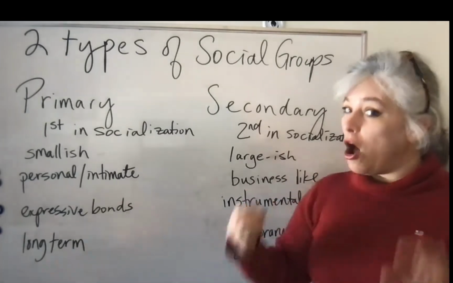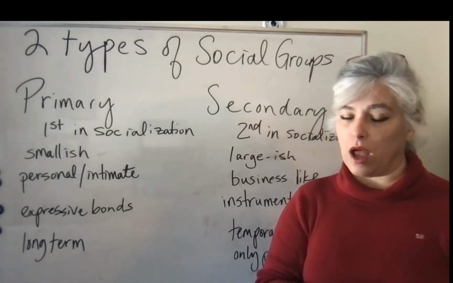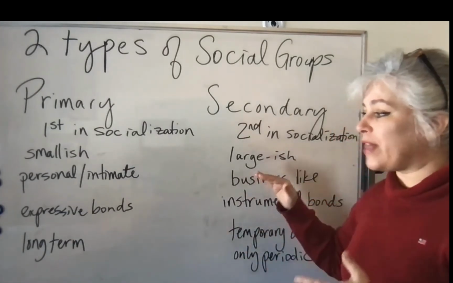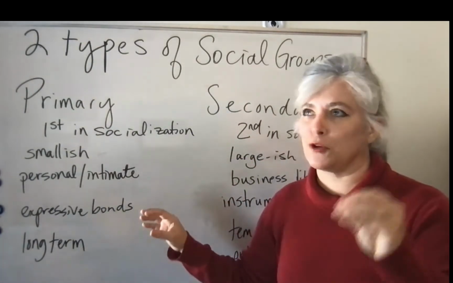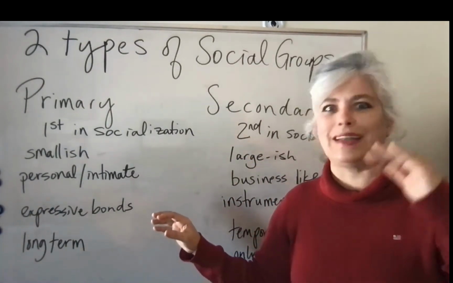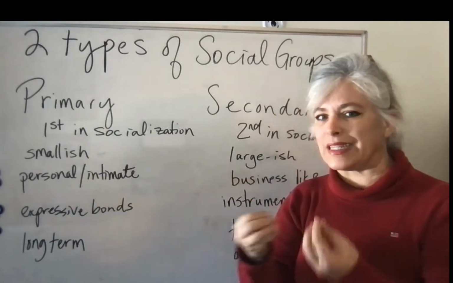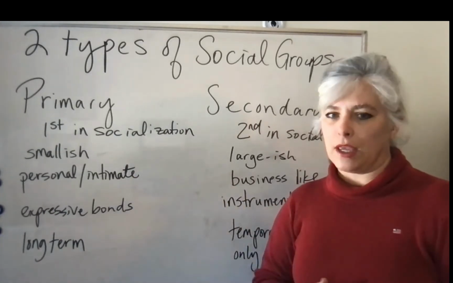Also, the social bond that you have with people is important in determining a social group. With a primary group, what I meant was social identity. I think I said social bond, but what I mean here is social identity. You tend to have a personal or intimate type of identity connected to the people in your primary groups.